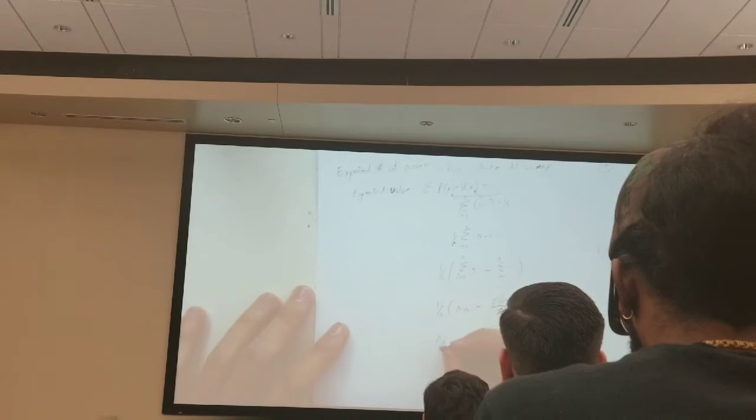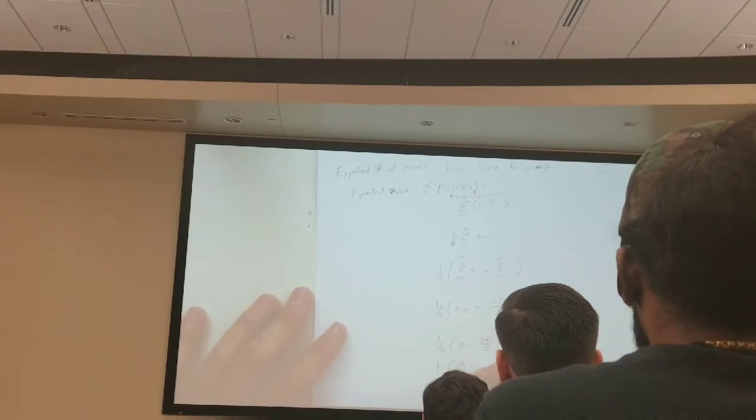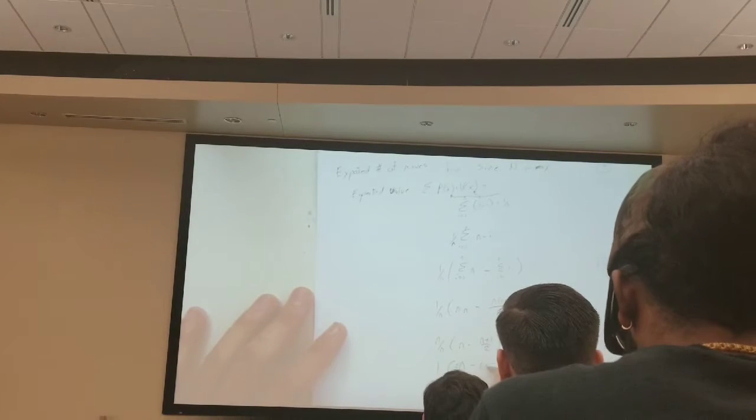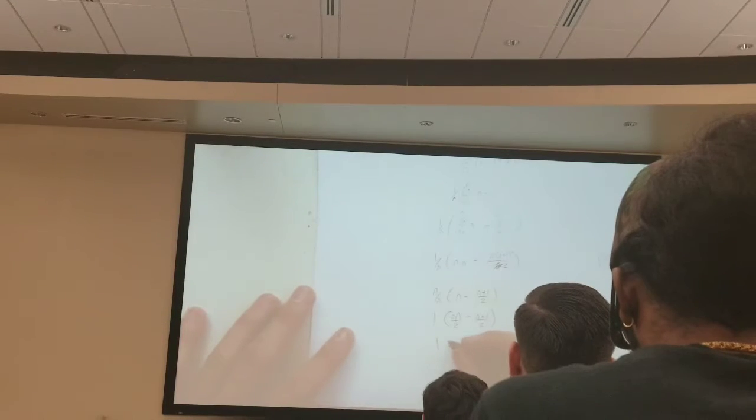Yeah, so you can pull an n out. This is n over n times n minus n plus 1 over 2. And so this is just going to be 1 times n minus, I'm going to go ahead and say this is 2n over 2 minus n plus 1 over 2, which is 1 times n minus 1 over 2.